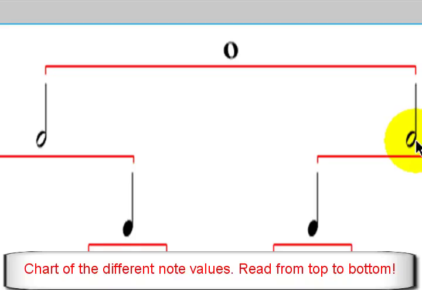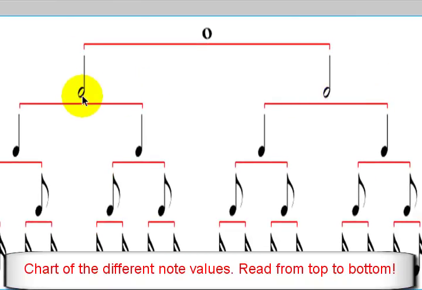Now each of these half notes consists of 2 quarter notes. So this one divides into 2 quarter notes. And over here we have the same thing going on. This one divides into 2 quarter notes.